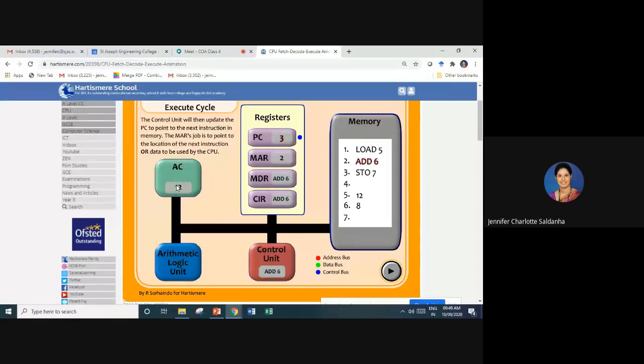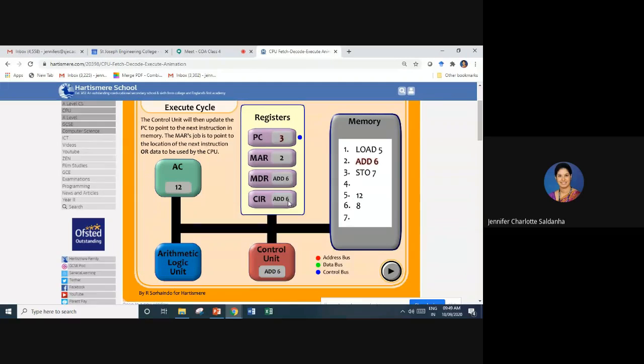So one more operand it will take from the accumulator, one more from the memory. So during decoding, it will understand what has to be done, right? So addition has to be performed, addition of the operand from the memory location 6 with the operand in the accumulator. So the operand from the memory has to be fetched here.